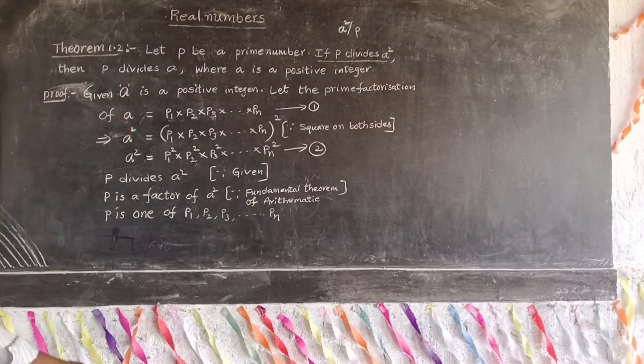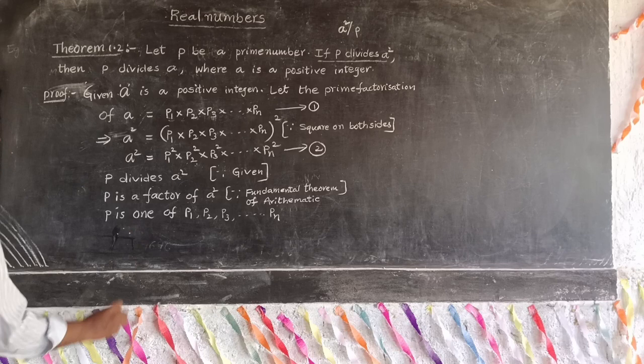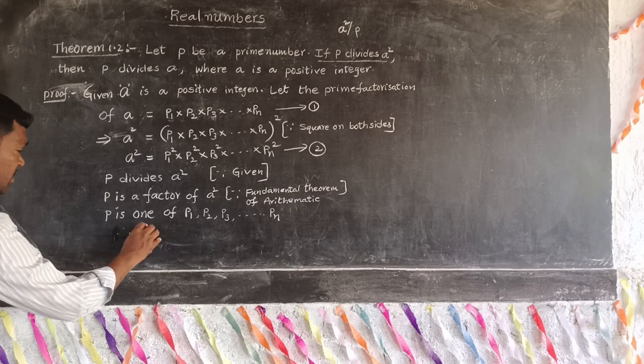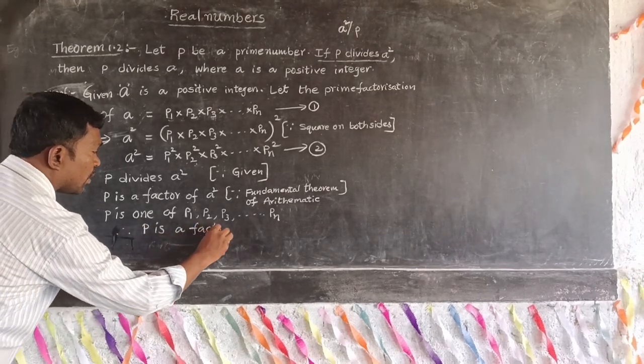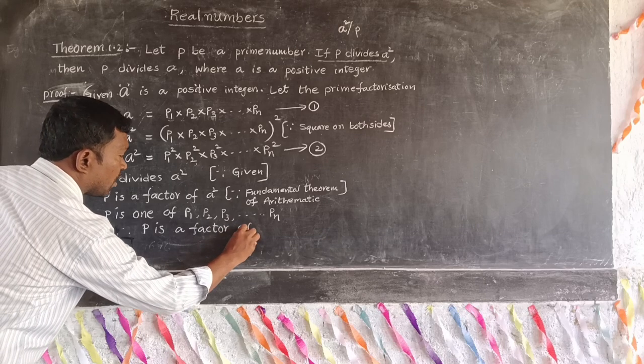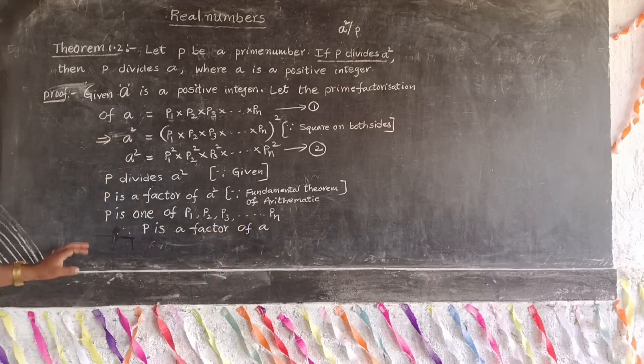Next, therefore, P is a factor of A. Why is P a factor of A?